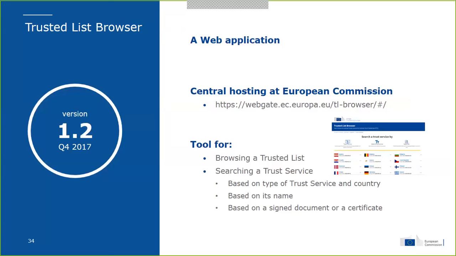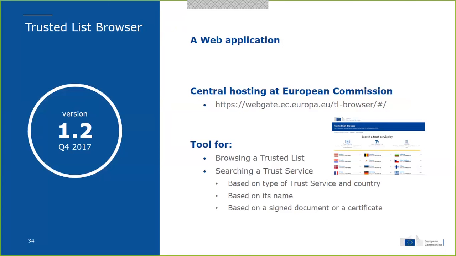Maybe a word on TL Browser in general. We know that TL Browser is a browsing tool for existing trusted lists. We have more and more questions on the general support mailbox where people complain that they cannot find a particular trust service, and that our website is not correct or not up to date.